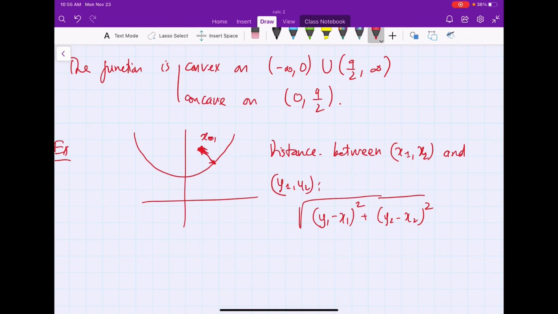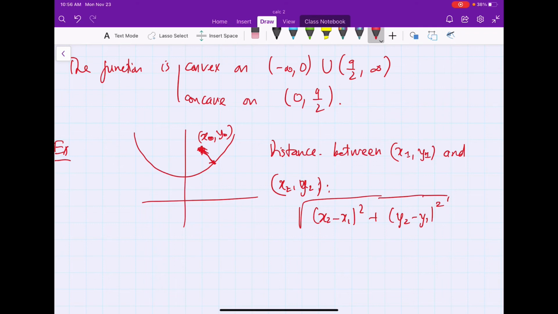I think it's not a y0, let me fix this. So the formula looks like, let me erase this: the square root of x2 minus x1 squared plus y2 minus y1 squared.